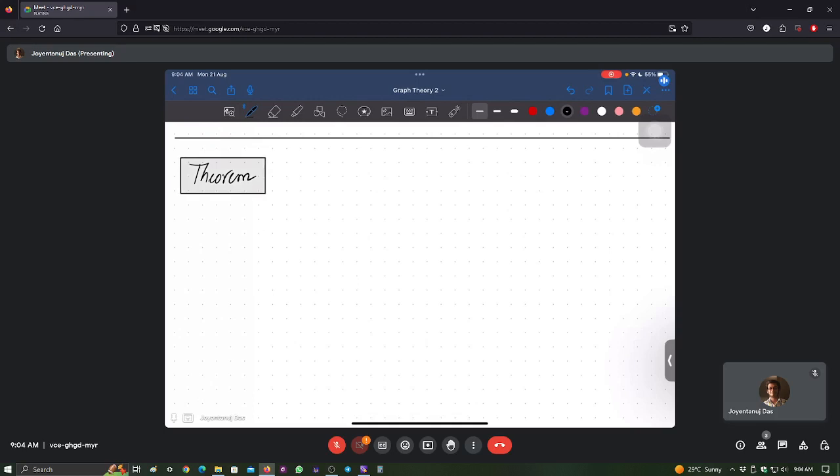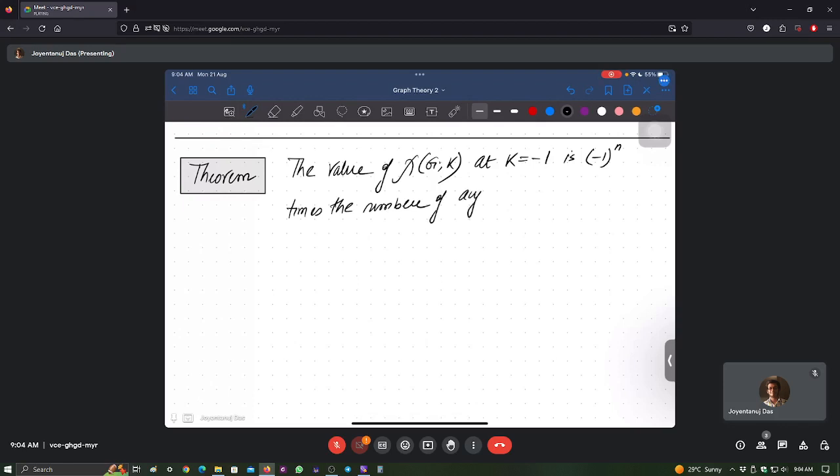It states that the value of the chromatic polynomial at k equals to minus 1 is minus 1 to the power n times the number of acyclic orientations of G. Here n is the number of vertices.